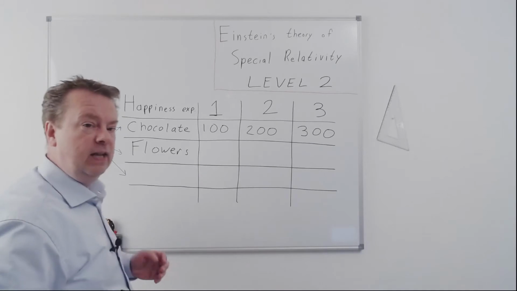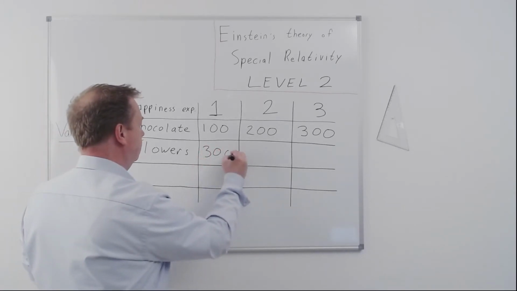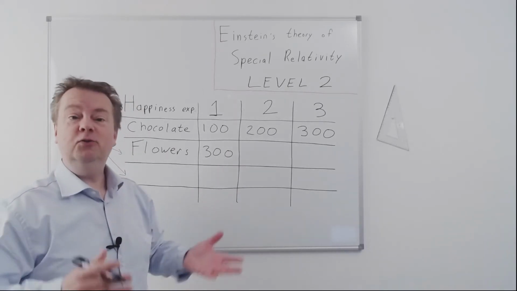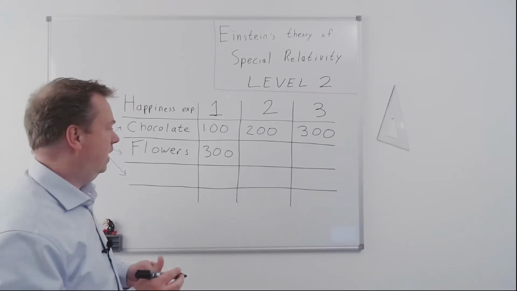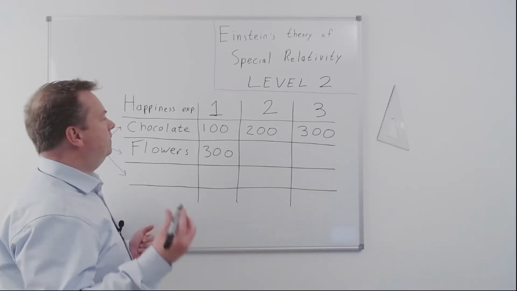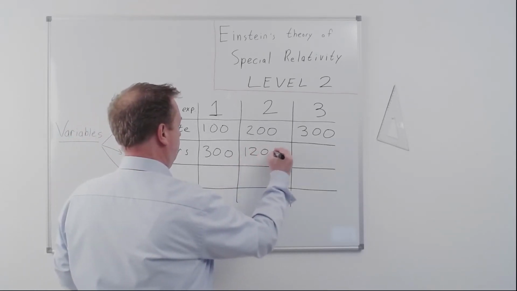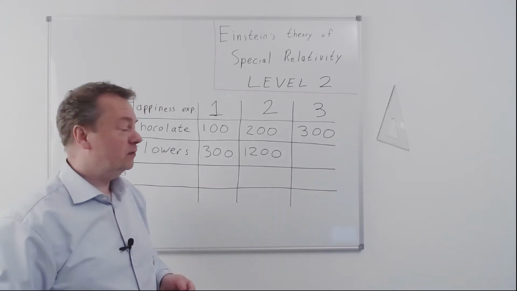And she felt like 300 happiness points for the first bouquet she got. But a few hours later, the doorbell rang again and she got another bouquet of flowers. And she felt like 1200 happiness points. And yeah, it was really a good day for her.